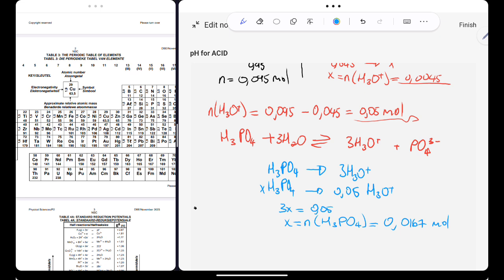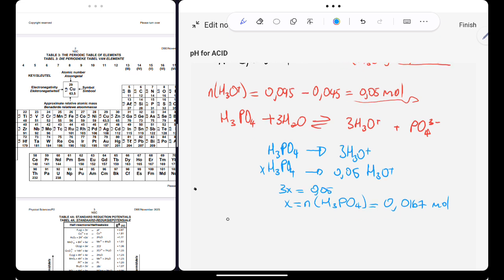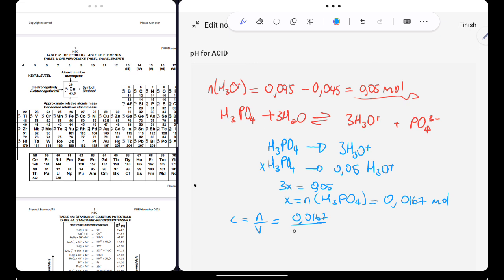Are we together? And then therefore I can simply find the concentration. I know that concentration is number of moles over the volume, 0.0167. The volume is 450 cubic centimeters. That's 0.45. So 0.0167 divided by 0.45.